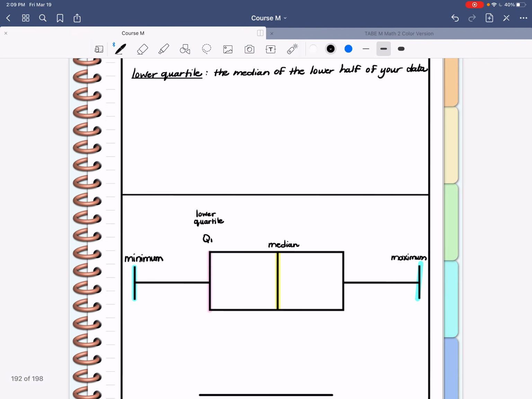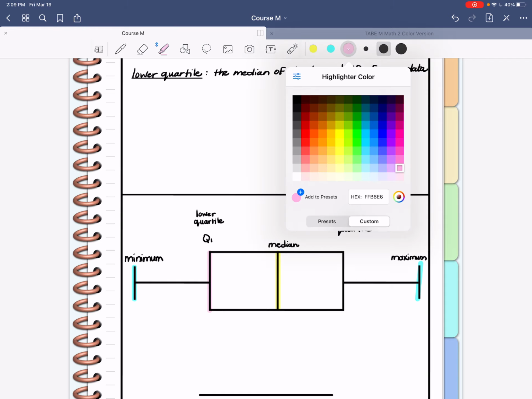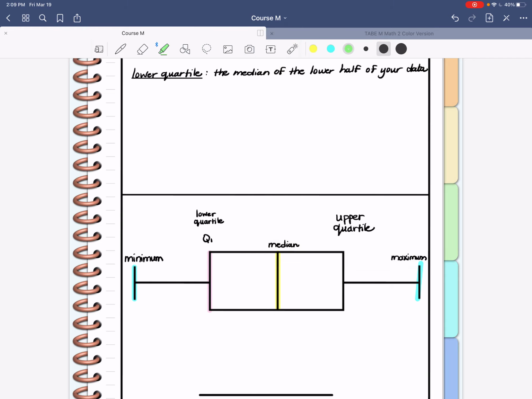And then this one is called the upper quartile. And I am going to make this a different color because it comes from a different place.